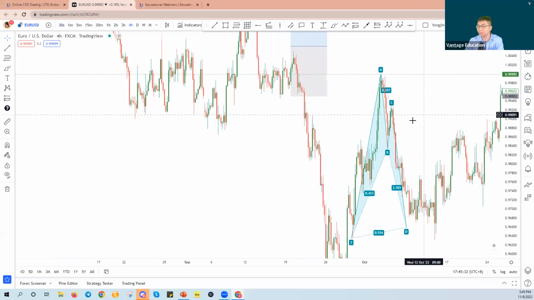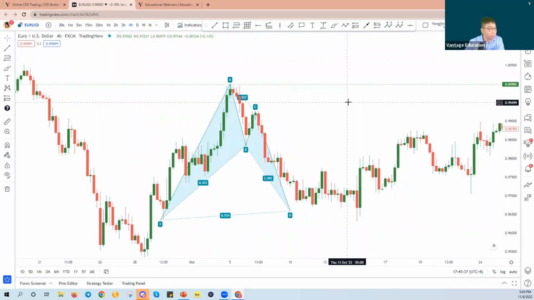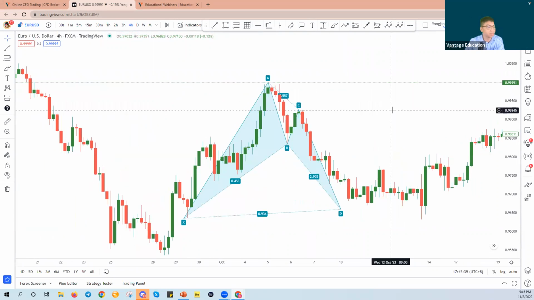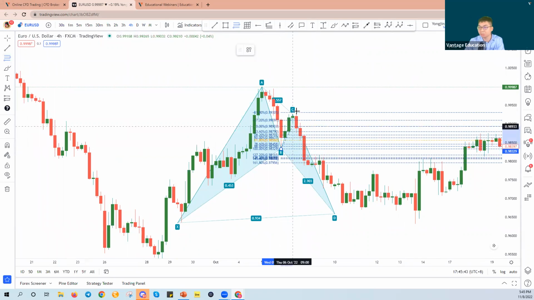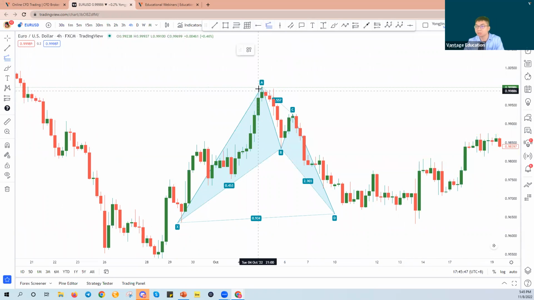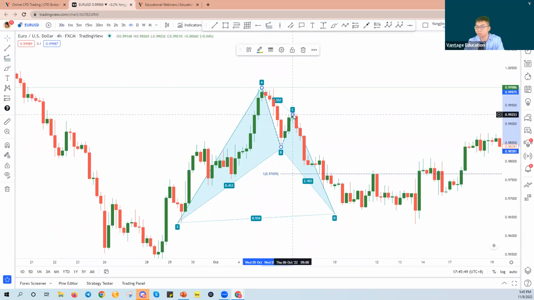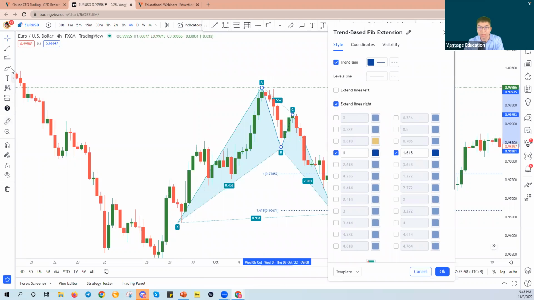So where was I? Oh yes, I was on D. D is 161.8% to 261.8% projection of BC. Let me get this fib out. Where's the projection? So it's 1.618 to 2.618. The projection might be a bit confusing.